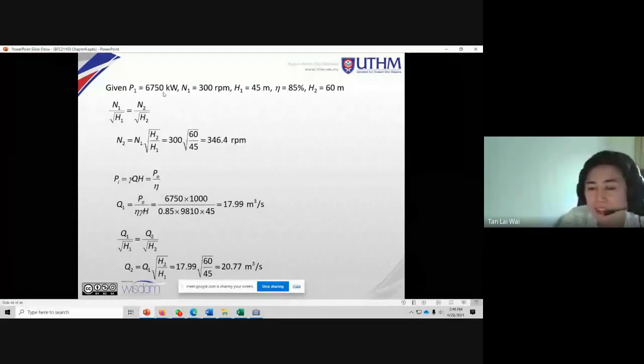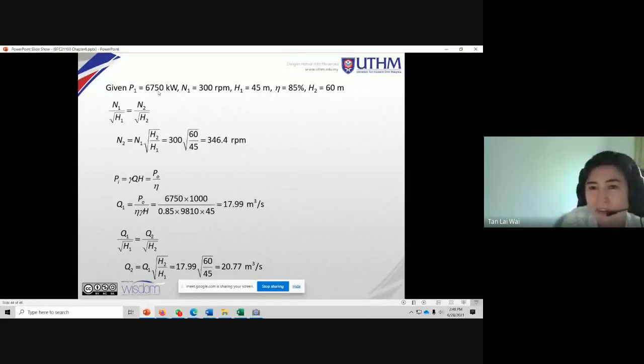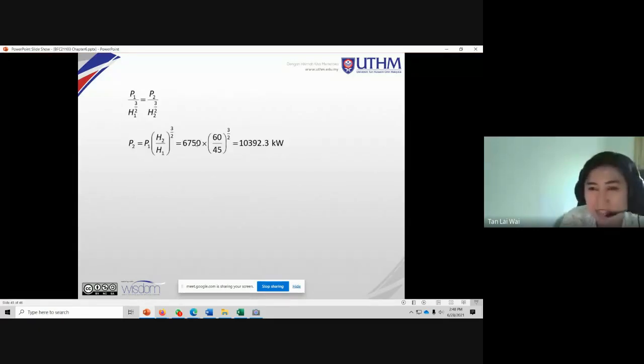P1, actually, if you are supposed to have 6,750 times 10 to the power of 3, but since you are using the same formula, if I have 10 to the power of 3 on the left and right, at the end my answer, if I simplify it into kilowatt, I'll get this as well.